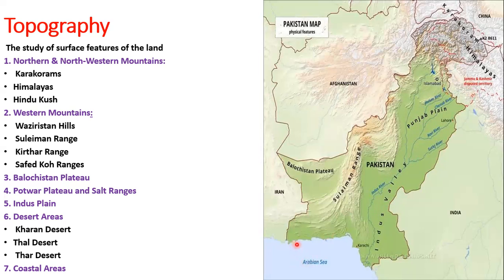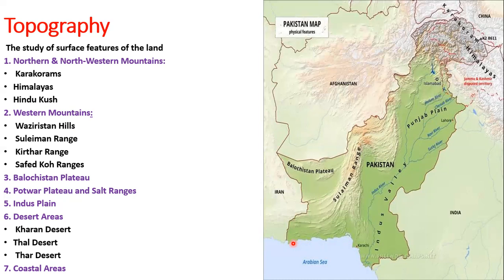And then the coastal areas. Coastal areas start from the opening of the Indian Ocean, the Sindh border, and continue till the borders of Balochistan. Clear? So here we have two lucky provinces.